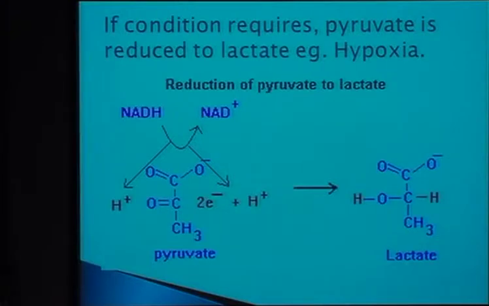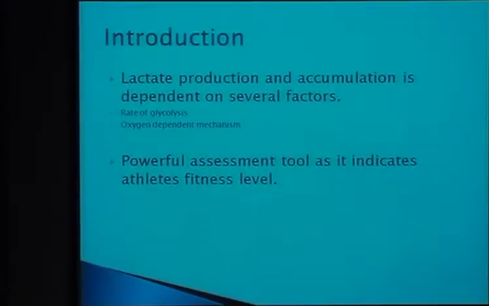Now, lactate is actually what you would find in the muscle, because lactic acid, as it is produced, is dissociated to lactate anion as well as hydrogen ions. And it is the production of these hydrogen ions which causes muscular fatigue. Lactate production and accumulation is dependent on several factors, and the rate of glycolysis is one of them.